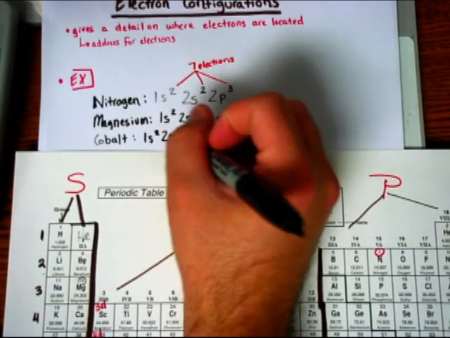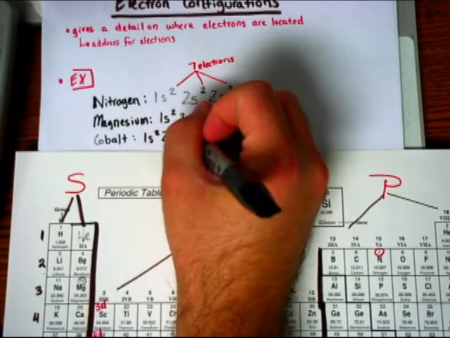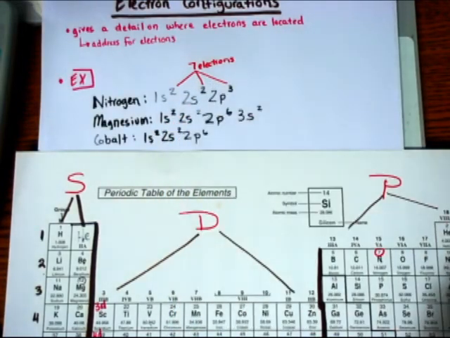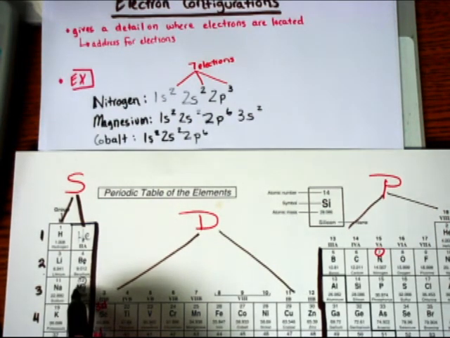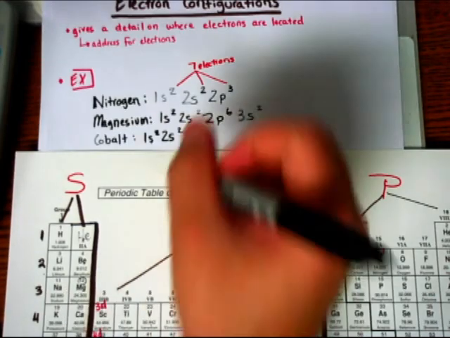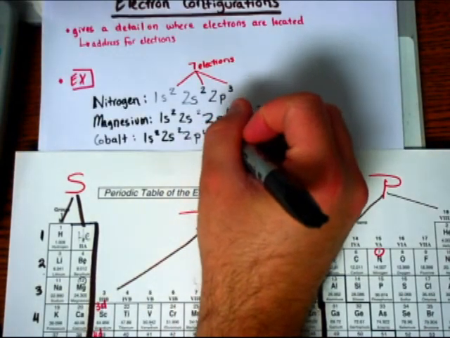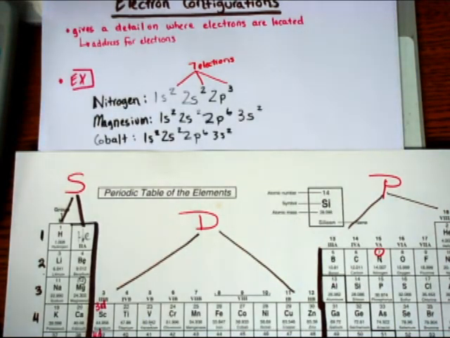Count 6, so 2p6. What comes after 2p6? 3s. And how many do I need from 3s? Have you noticed something about the s's? What's the max number of electrons in an s? 2. What's the max number of electrons in a p? 6.